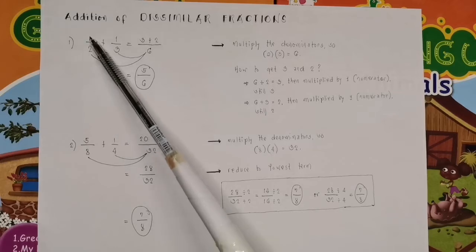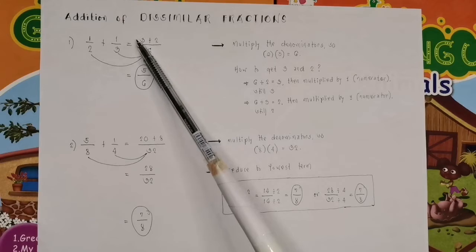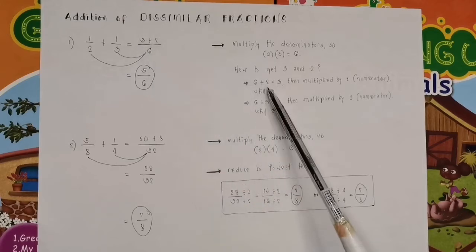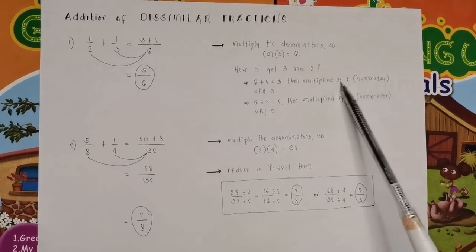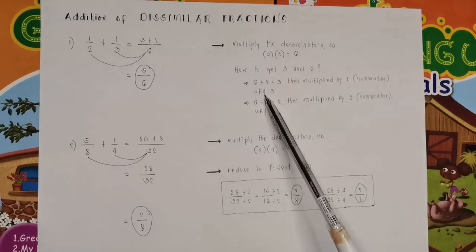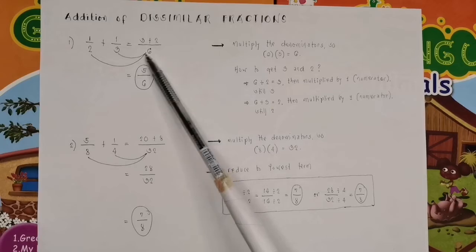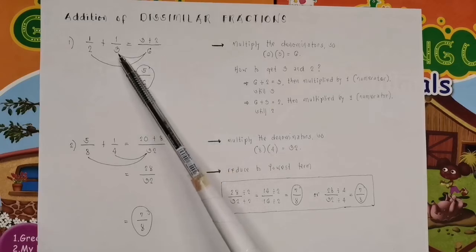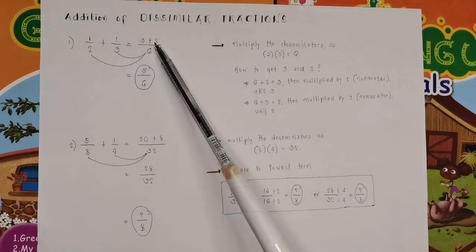Then multiplied by 1, the numerator, that is 3. Okay, for you to follow, I have here 6 divided by 2 equals 3. Then multiplied by 1, the numerator, still we have 3. Next, 6 divided by 3, that is 2, multiplied by 1, that is still 2.